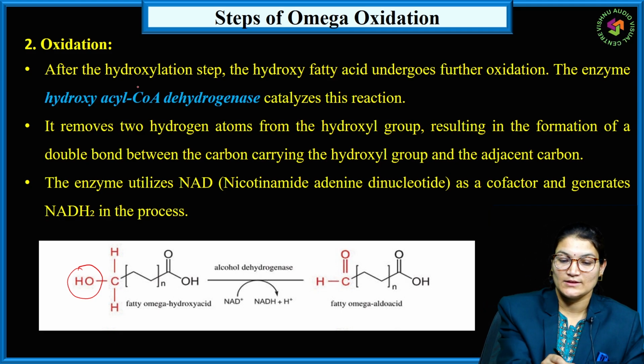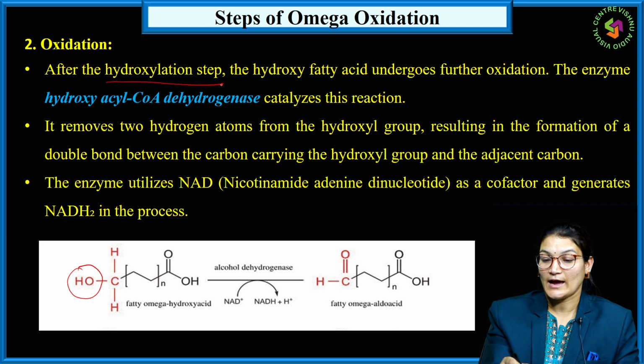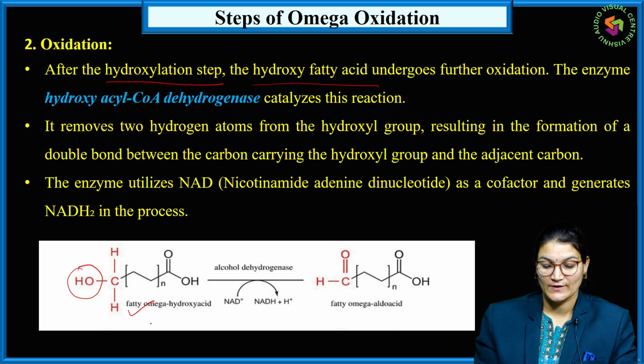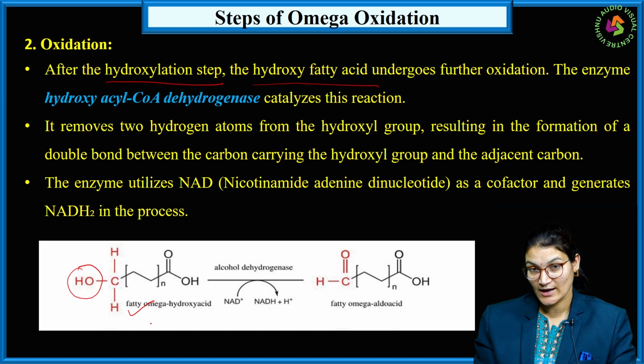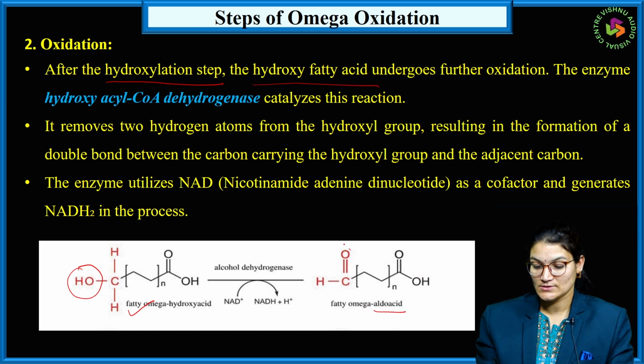After the hydroxylation step, the hydroxy fatty acid, that is the fatty omega hydroxy acid, gets converted into an aldo acid. You can see this is an aldehyde group. This conversion takes place in the presence of alcohol dehydrogenase and also in the presence of NAD+.